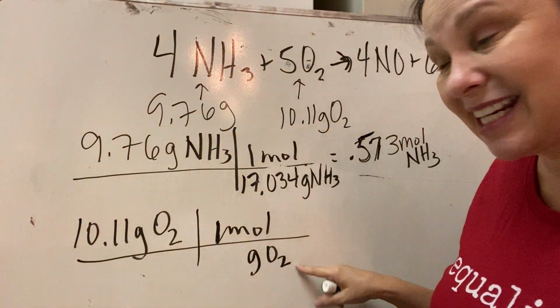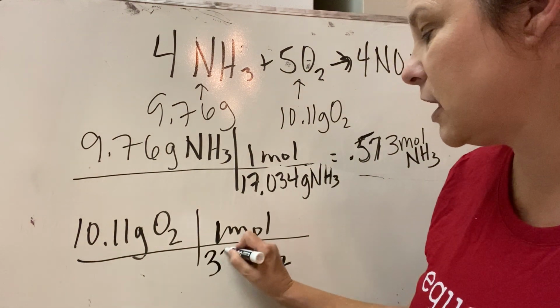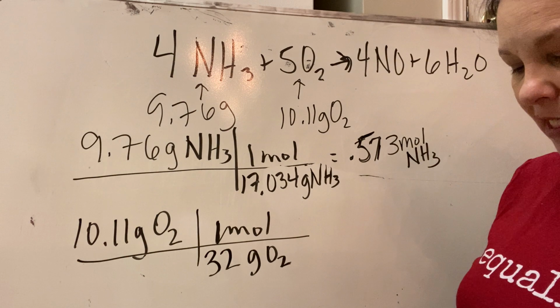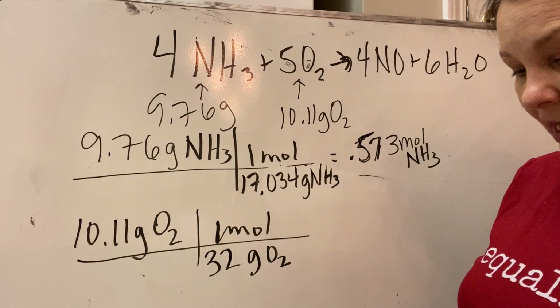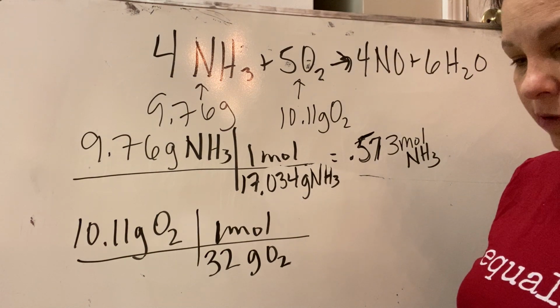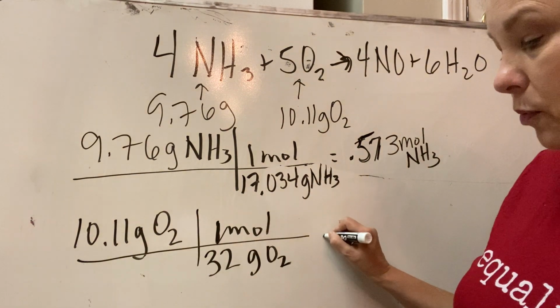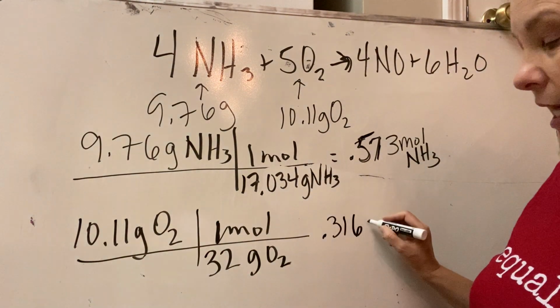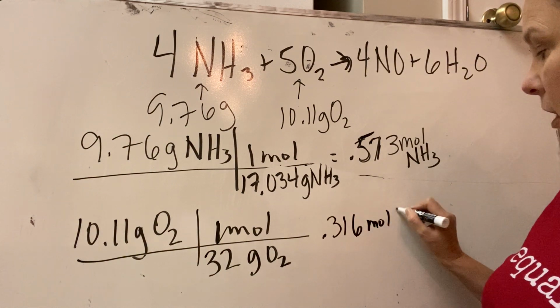Oxygens are 16 each, so 2 of those is 32, okay? So we're going to say 10.11 divided by 32, and I get 0.316, and that is moles of oxygen.